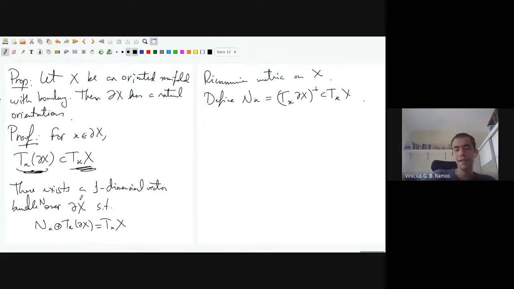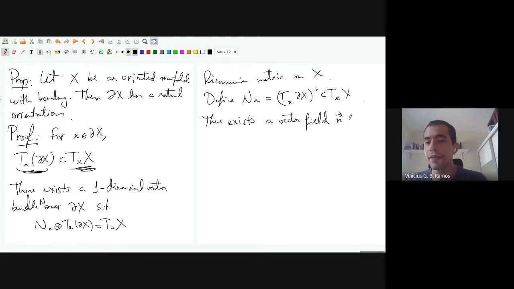The normal bundle has another nice property, which is that we can find a global trivialization. So there exists a normal vector field, which I'm going to call N. This is a section of the normal vector bundle, a global section, such that N_x points outward.